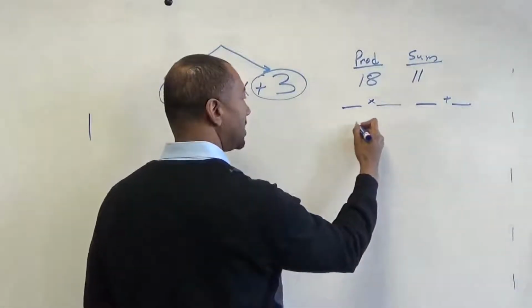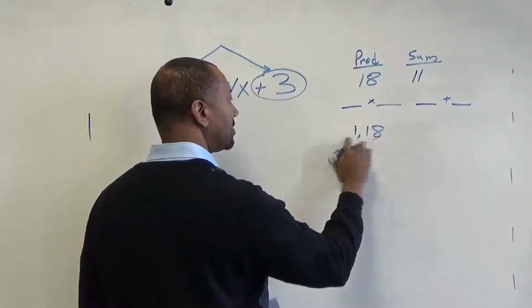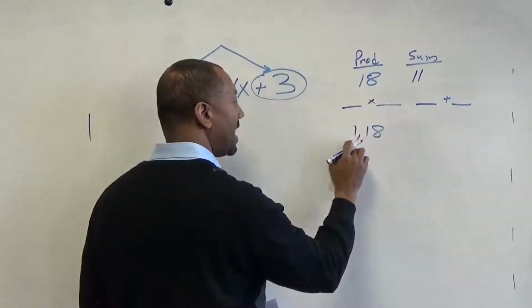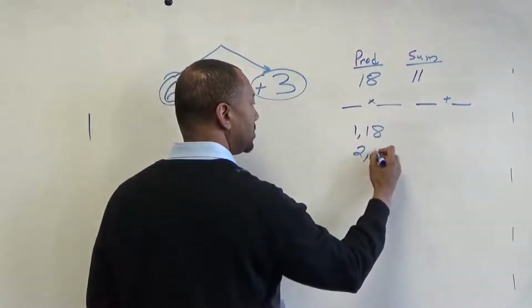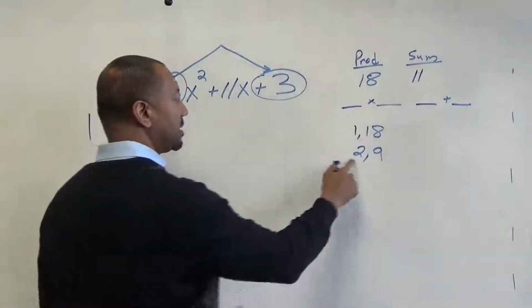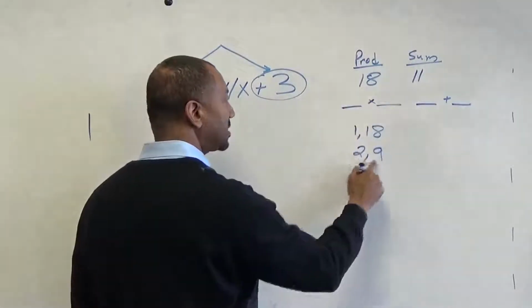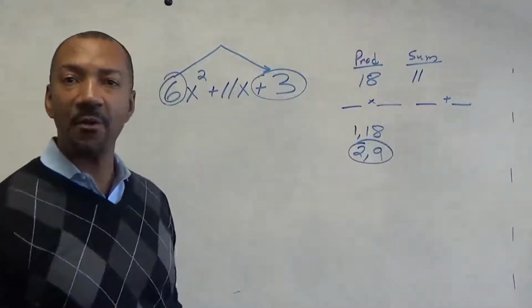So let's start listing some factors of 18. Sure, 1 and 18, 1 times 18 will give me this, but there's no way these two can be added to give you that. So 2 times 9, I think we may have got a hit here. 2 times 9 will give me 18. 2 plus 9 will give you 11. It looks like we found our numbers.